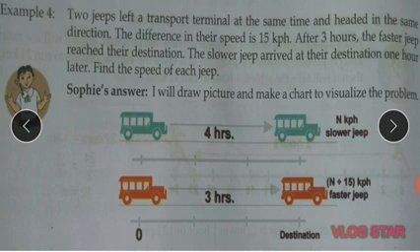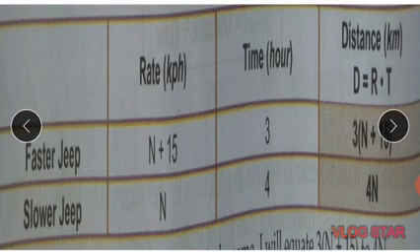So this means that they have the same distance, but they reach the destination at different times, with different speeds. The speed or rate is n plus 15 for the faster and n for the slower. For time, the faster jeep reached the destination in 3 hours. The slower jeep reached the destination in 4 hours.